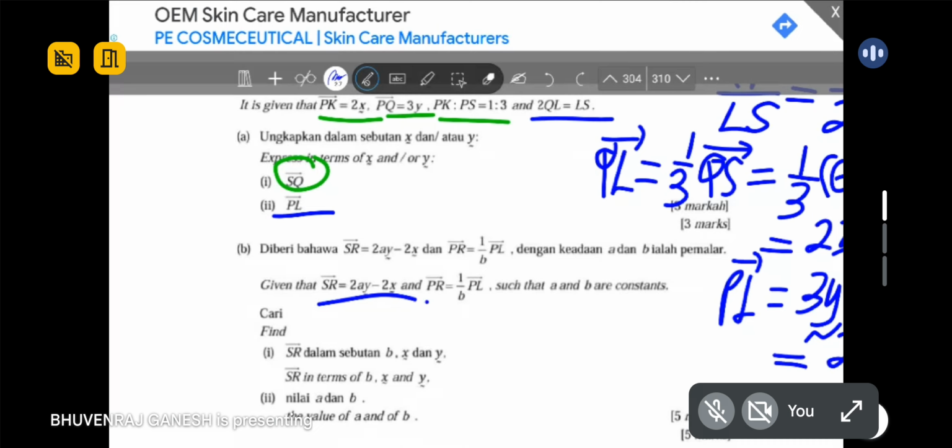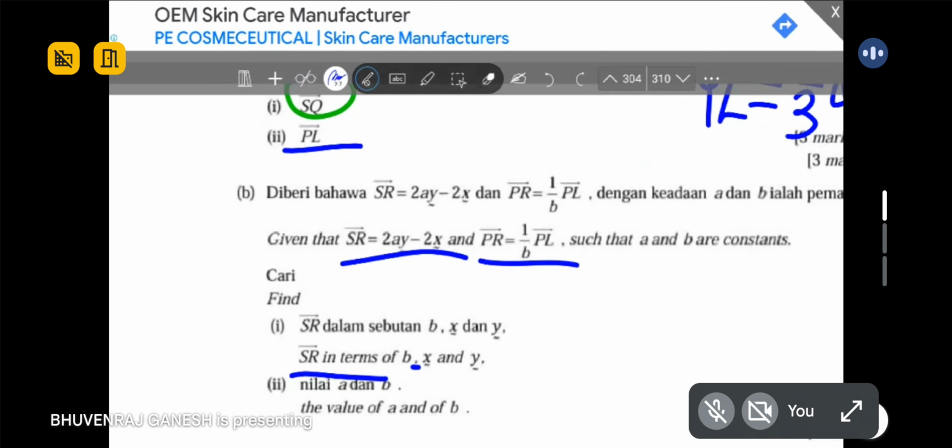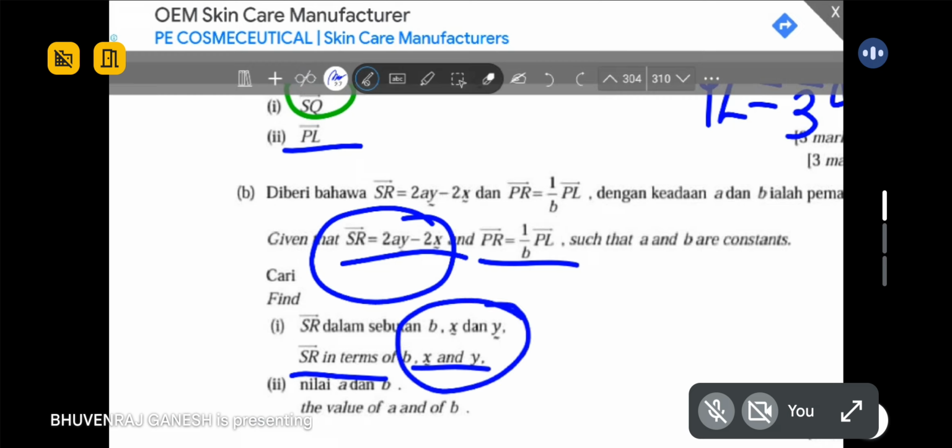So this one, you have these two vectors, guys. They ask you to find SR. So how do we get SR? Very simple. They ask you in terms of x and y. So guys, can I use this information or not? Boleh tak saya guna yang tu? You see the question, they want x and y. What do you all think?